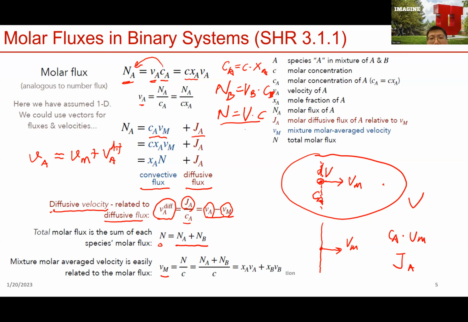Now you could just rearrange this equation, and you get this one.